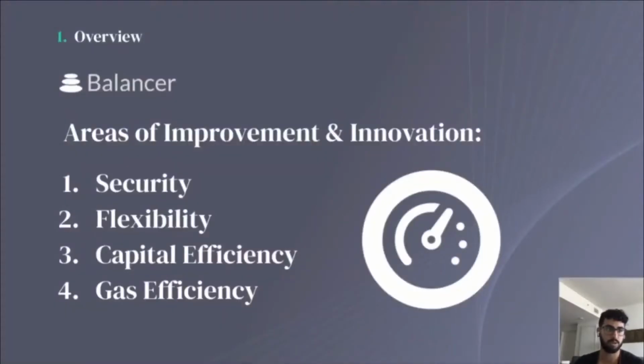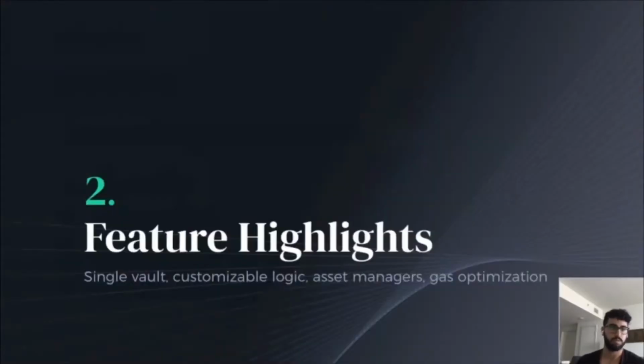There are 4 main areas: security, flexibility, capital efficiency, and gas efficiency. These were the top 4 priorities in building Balancer V2, and I'm going to walk you through some highlighted features that exemplify those 4 areas.